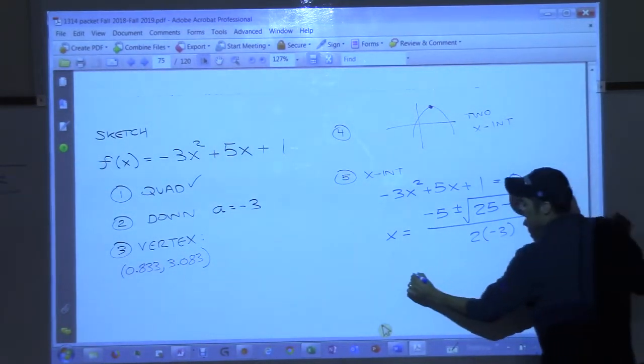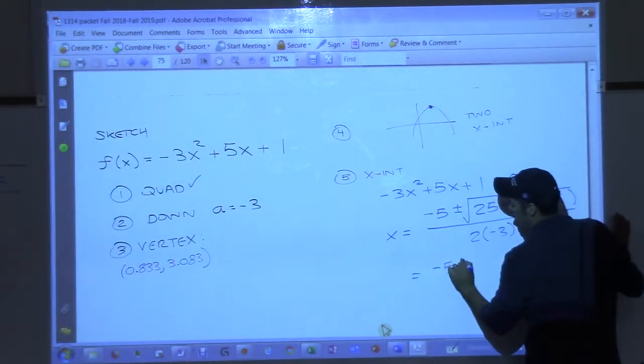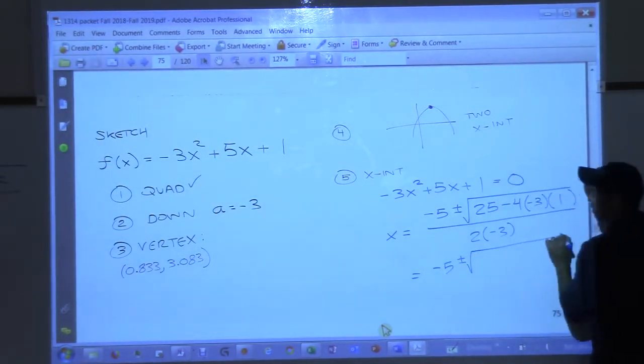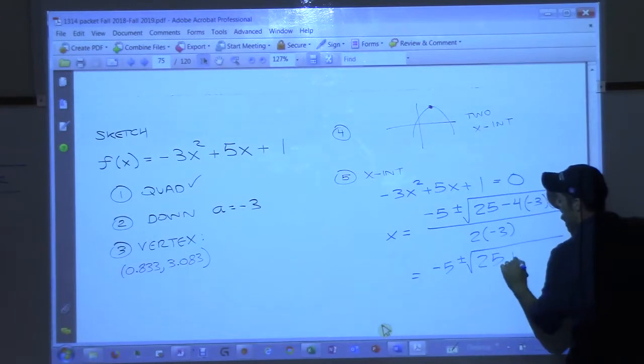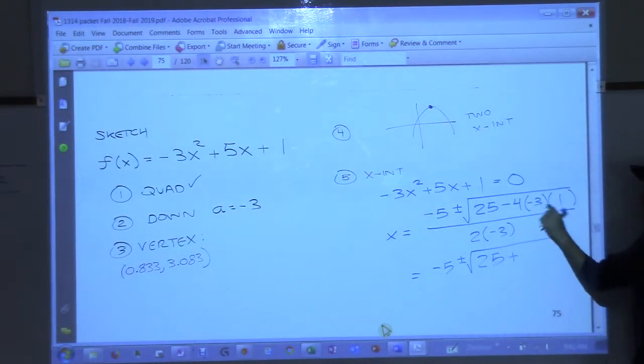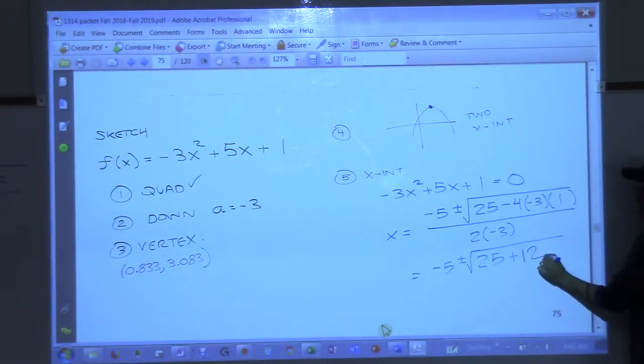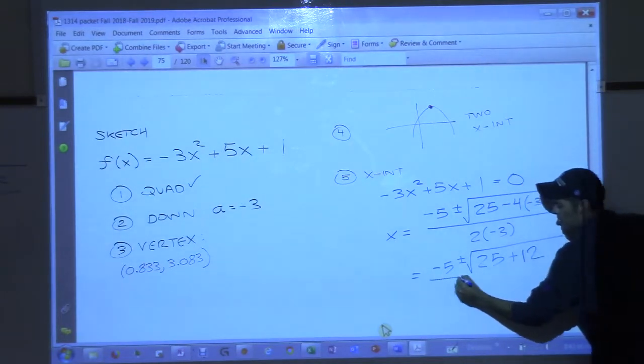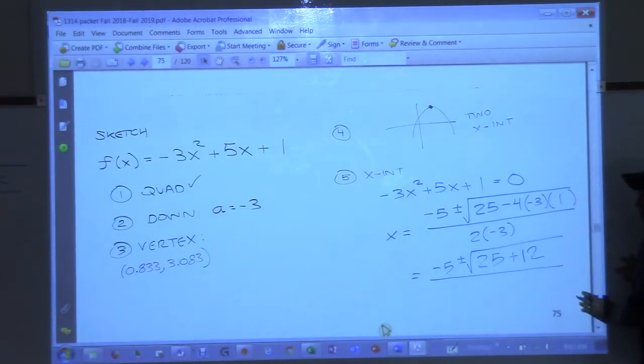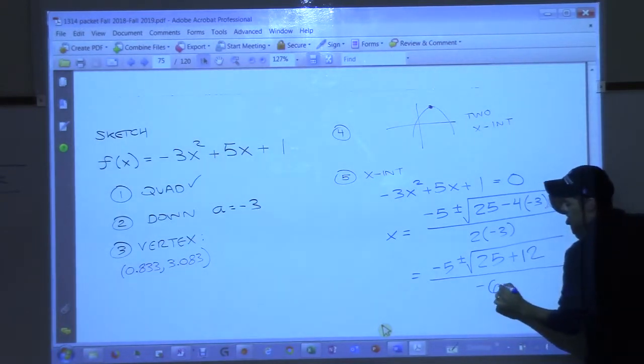Okay, so now, negative 5, plus or minus, square root, 25 plus, and then multiply those, right? So we just get 12 there. Then all of this over what number? Minus 6.